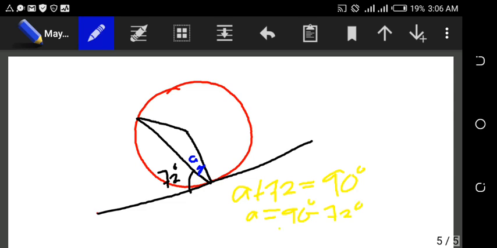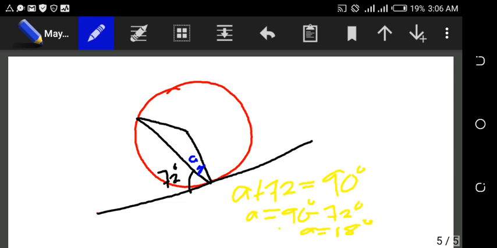90 degrees minus 72, so our A is equal to 90 minus 72, and that will give us 18 degrees. That is what we're looking for.